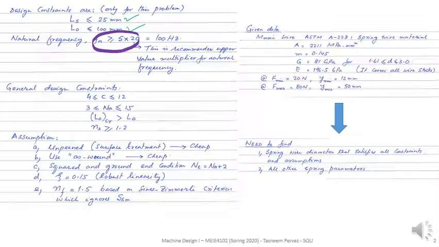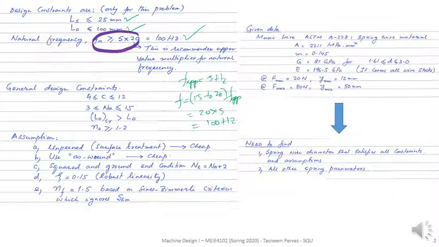My applied frequency is 5 Hertz. And I know my fundamental frequency should be 15 to 20 times of F applied. So I will use the larger number, 20 times 5, that becomes 100 Hertz.